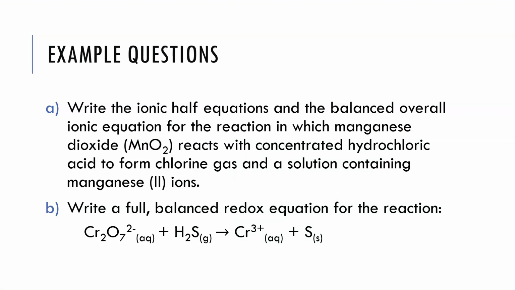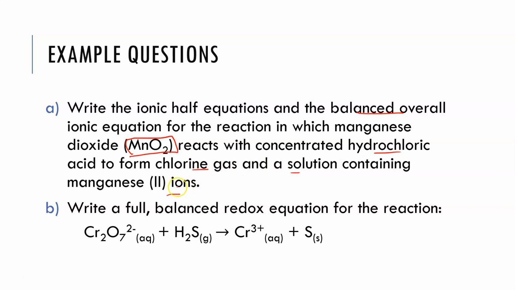So we've been asked to write the ionic half equations for the balanced overall ionic equation for the reaction in which manganese dioxide, MnO2, reacts with concentrated hydrochloric acid, HCl, to form chlorine gas and a solution containing manganese 2 ions.